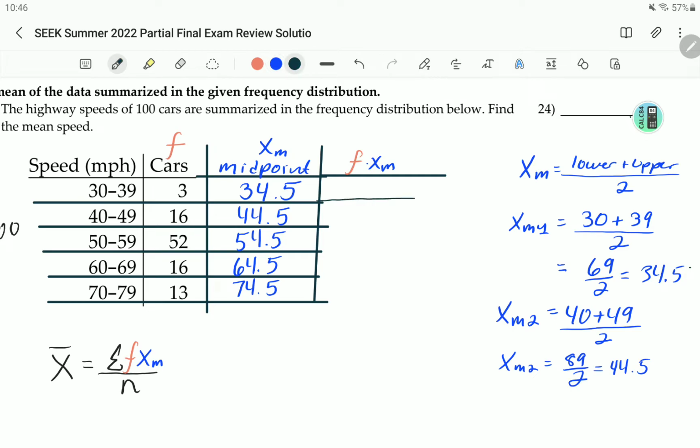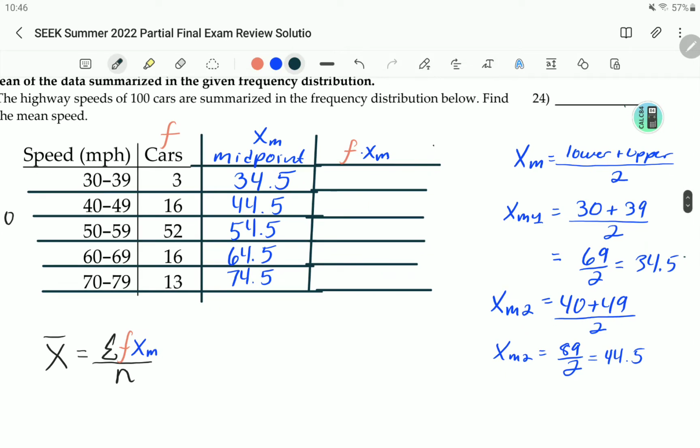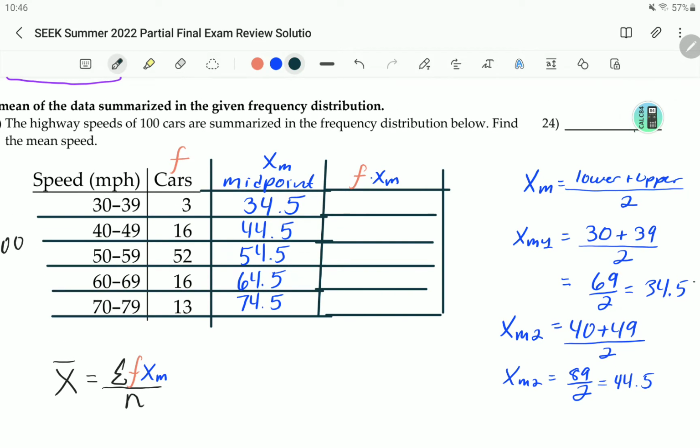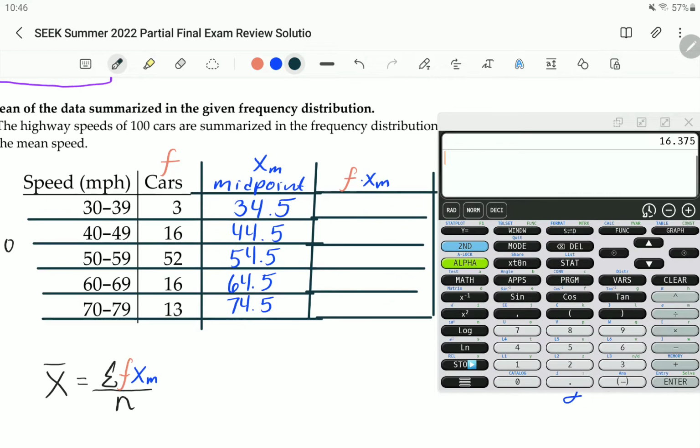And we're going to do what it says. Multiply each frequency with each midpoint. Let's finish creating the columns for this table. Okay. Open up our calculator.